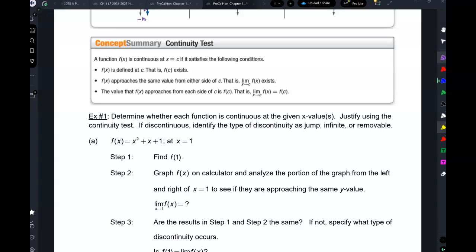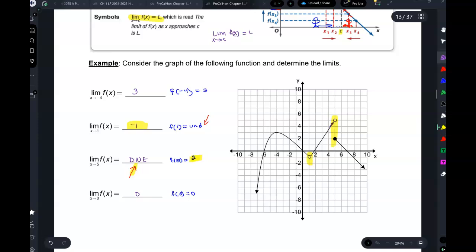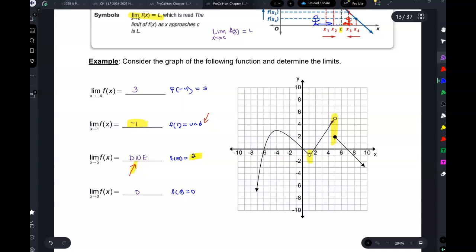Number 1 condition: for something to be continuous at x equals c, f of c has to exist. So for example, if you look at these, for which one does f of c exist? 1, 2, 3, and 4.